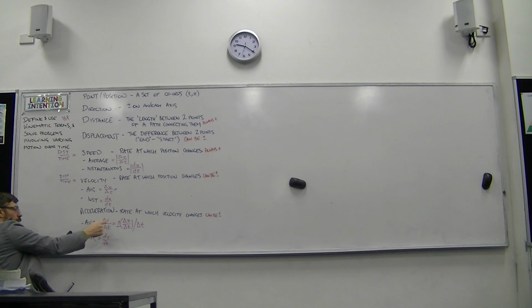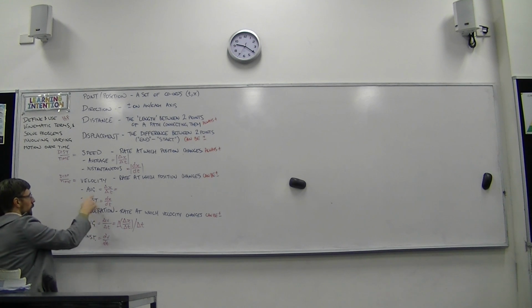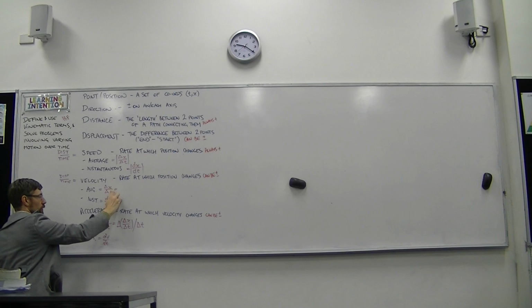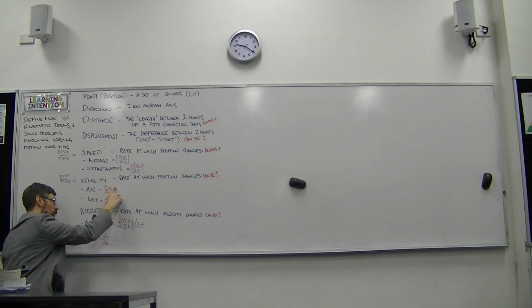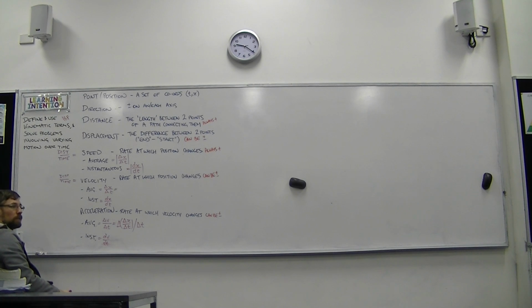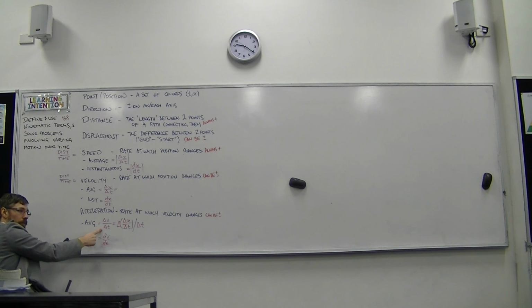So change in velocity over change in time, but we know that velocity is the same as change in position over change in time. So this is also equivalent. That's getting a bit chunky, so obviously we would prefer to use this wherever we can.